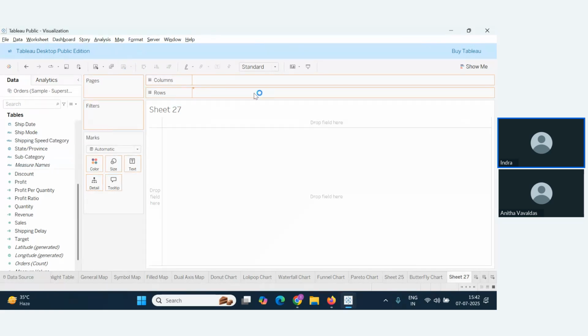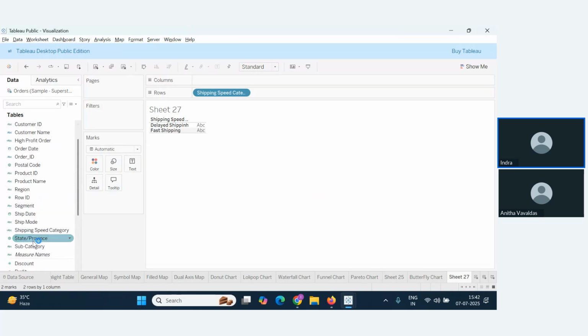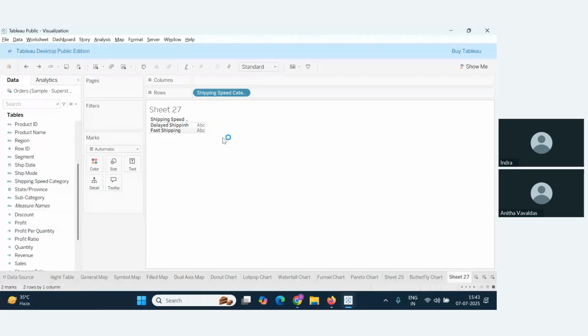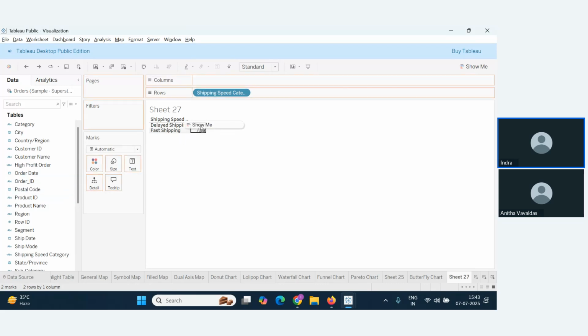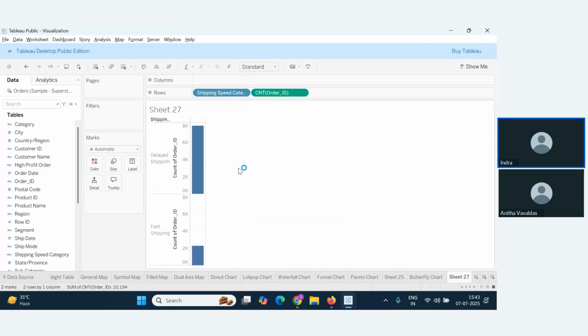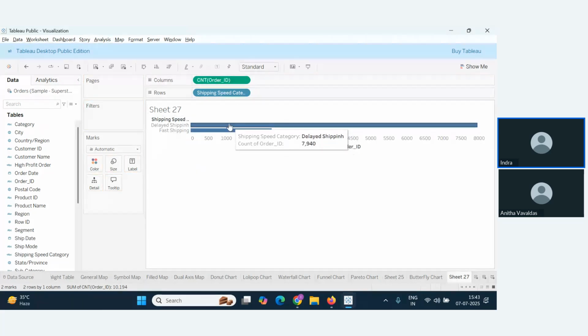In the shipping speed category and ship modes, this is where orders are coming, Order ID. Here, if you can see here, this many number of orders are delayed shipped, and this many orders are shipped fast.